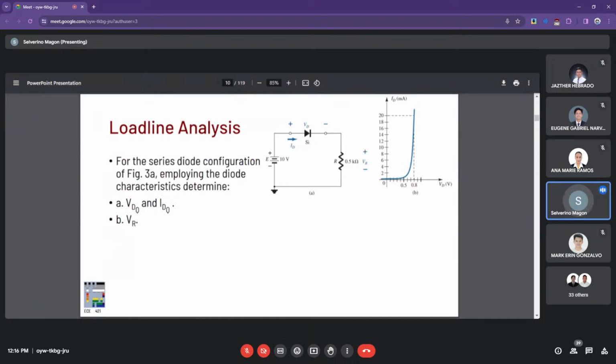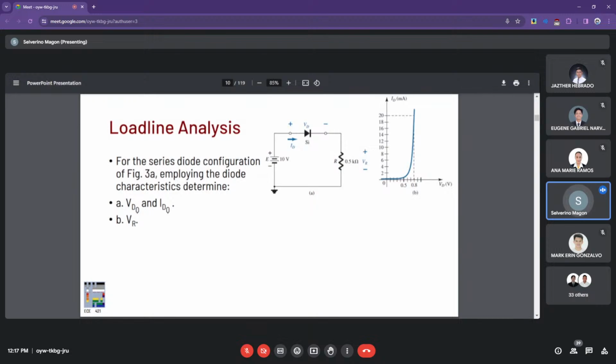Okay. So if we consider the voltage drop across the diode at 0 volts, just simply using Ohm's law, then we have the diode current at around 20 milliamps, at 10 volts and 500 ohms, assuming you have a zero voltage drop across the diode.